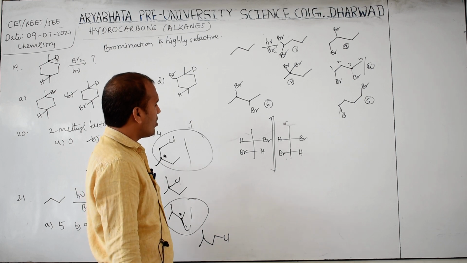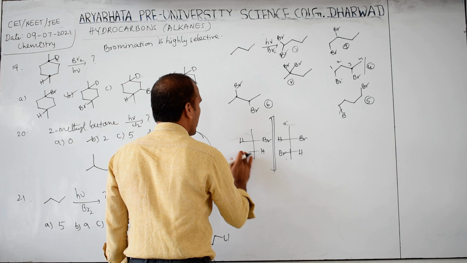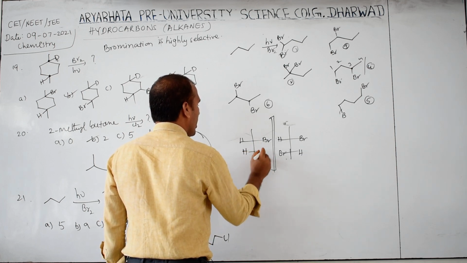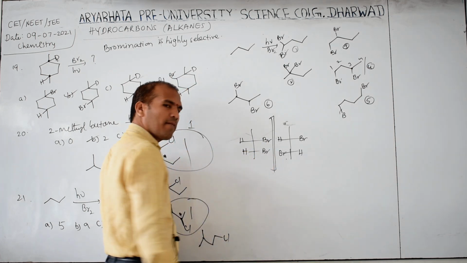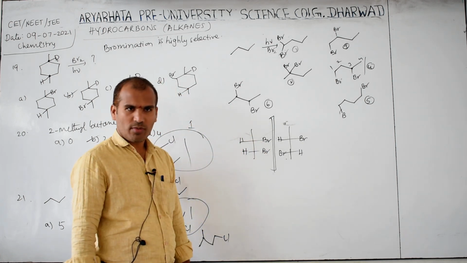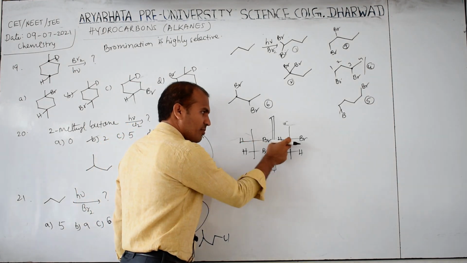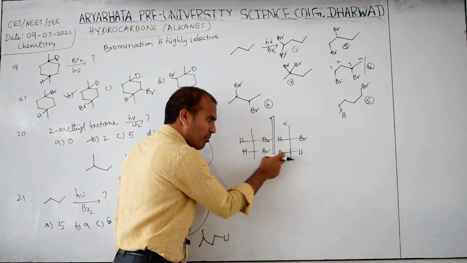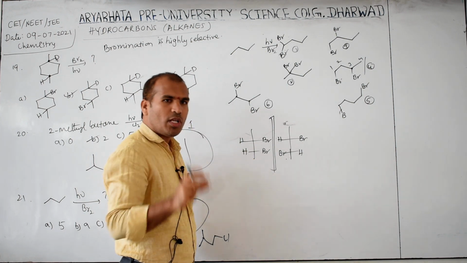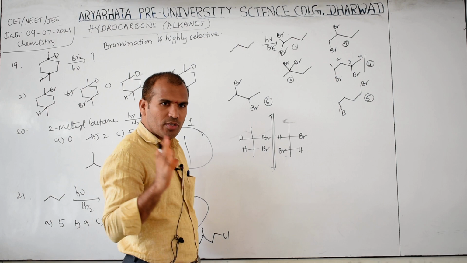These should not be superimposable, so we can write H here, Br here. Clear? The total molecule should be superimposable, only then is it called superimposable. Likewise, the total molecule should be a mirror image, not just one part.